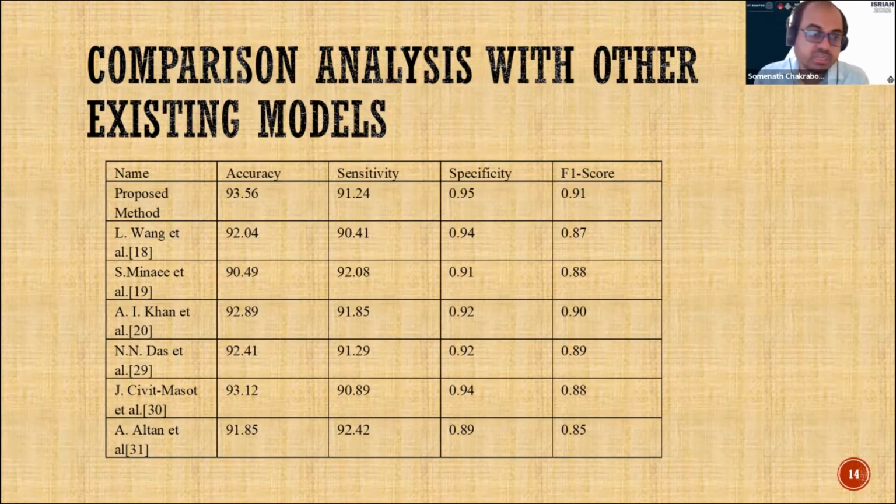So previously there were many, even with the inability of open repositories, but whatever was available, we used them and worked on them to process the values so that we can compare them with the existing models. So our proposed model is performing quite a bit better in this respect.